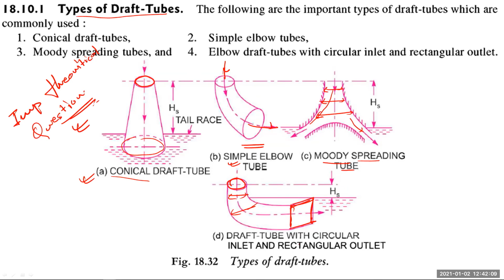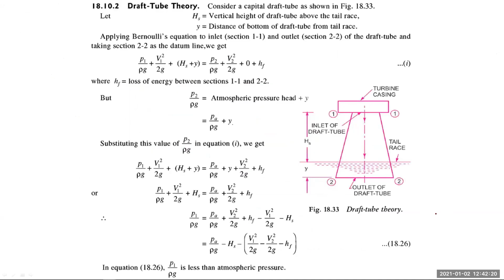So this is called a draft tube with circular inlet and rectangular outlet. These are the different types of draft tubes. Now we will see the draft tube theory, or its mathematical part.